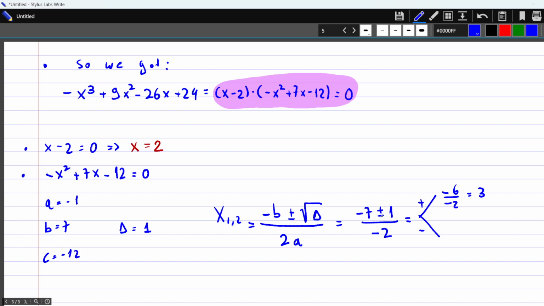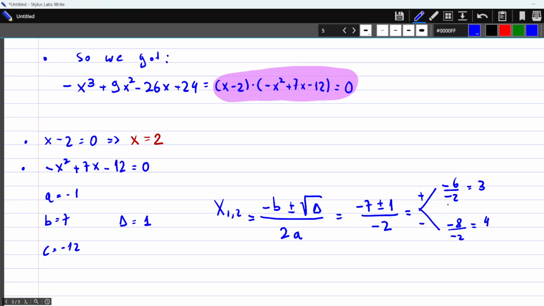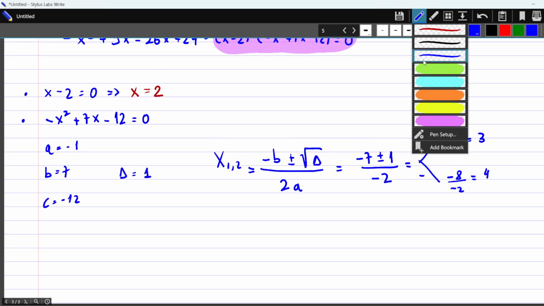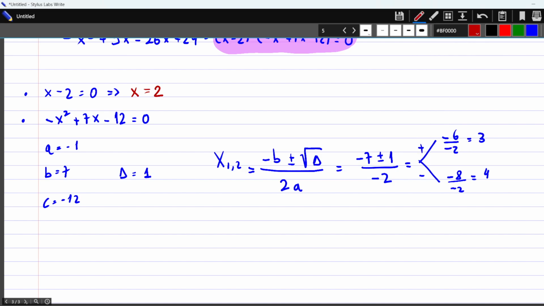Minus 7 minus 1 is minus 8 divided by minus 2 equals 4. So the roots, the solutions, are x equals 2, x equals 3, and x equals 4.